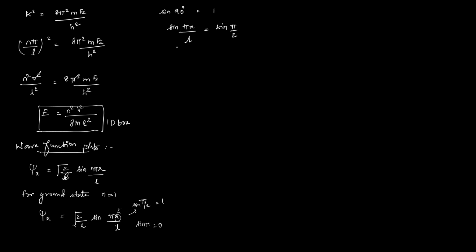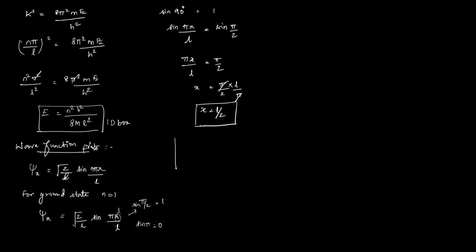Okay, so if you simply compare, pi x by l is equal to pi by 2, your x value will be equal to pi by 2 into l by pi. So that means your x is going to be equal to l by 2. So x is going to be l by 2, and at that point you are going to have the maximum probability for finding the particle.